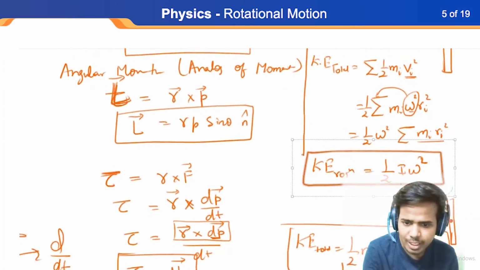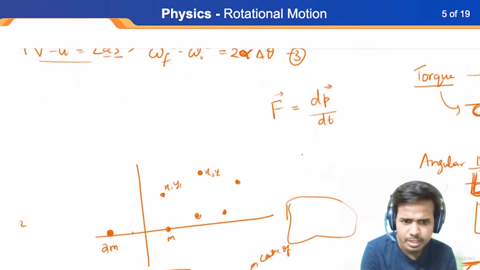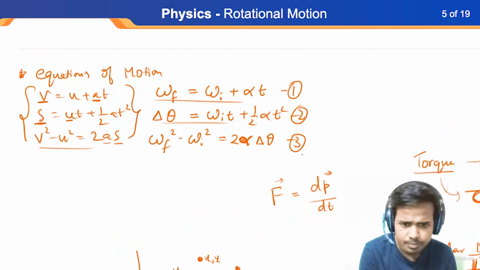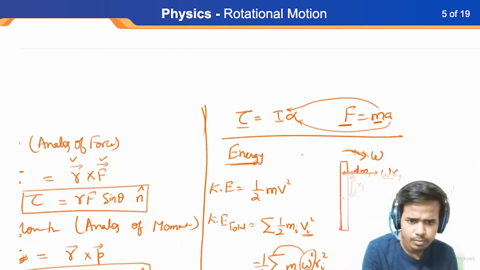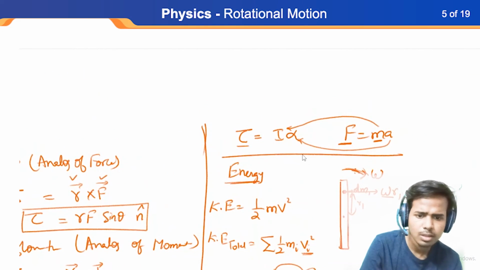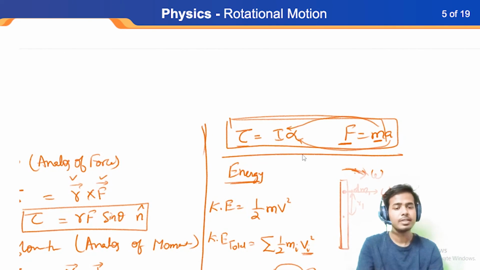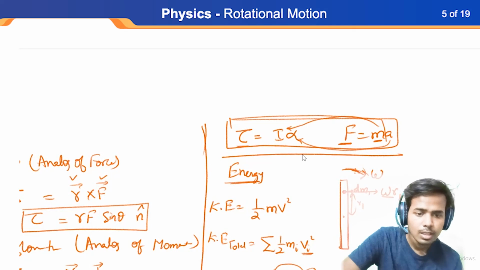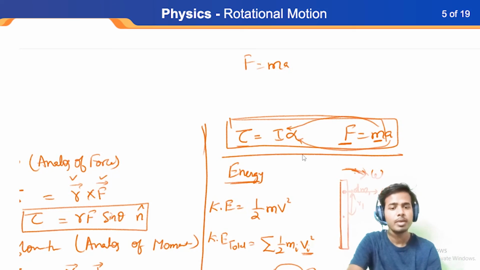Let me check whether I have something which I told I will be discussing later. This can be derived in the same fashion as how we derived F is equal to ma. How do we derive F is equal to ma?